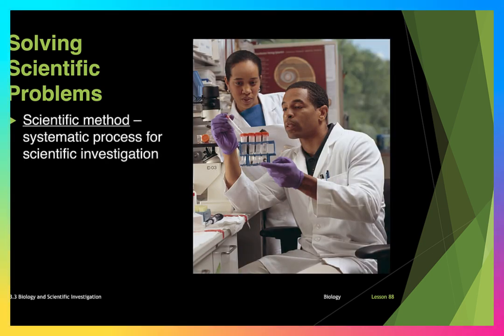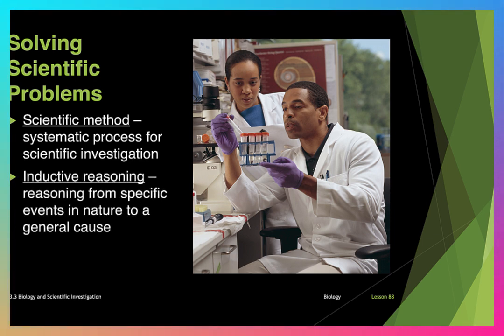The scientific method is a systematic process for scientific investigation, and this is a form of inductive reasoning. As you know, there are two forms of reasoning: inductive reasoning and deductive reasoning. Deductive reasoning goes from a general principle and you deduce specific events or things that happen.